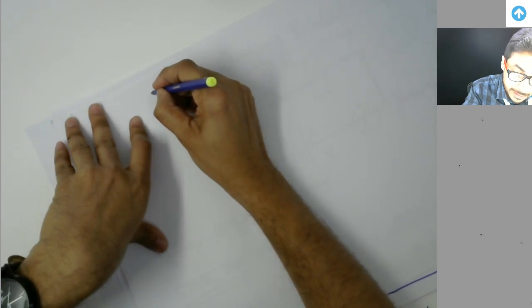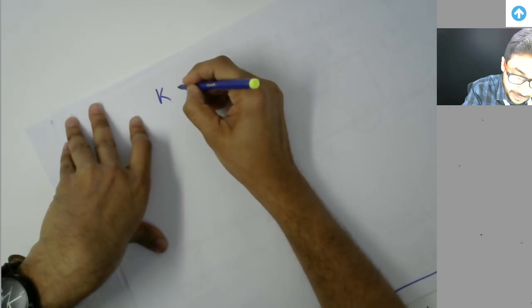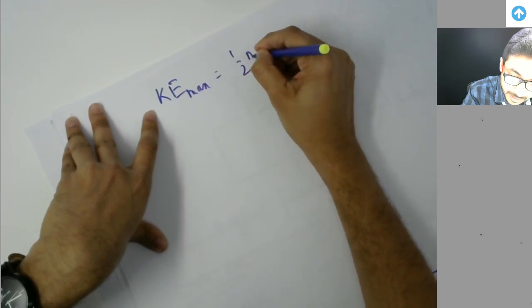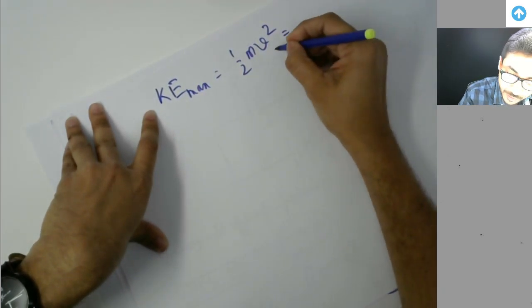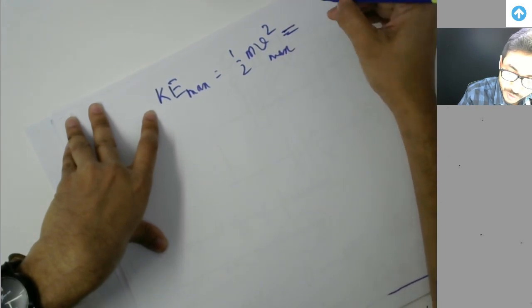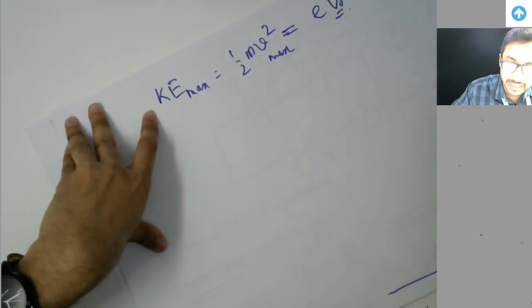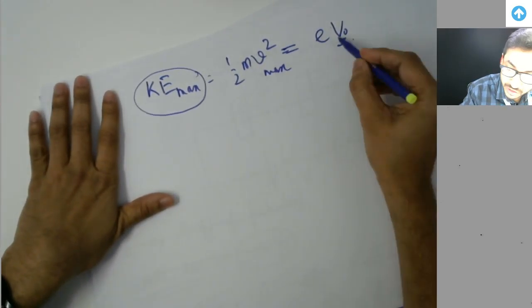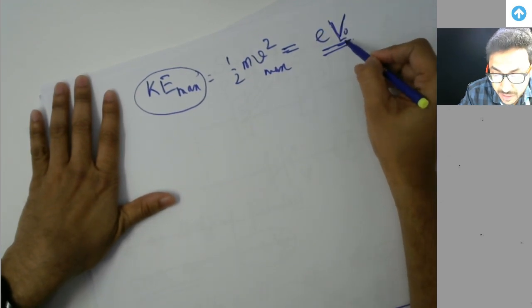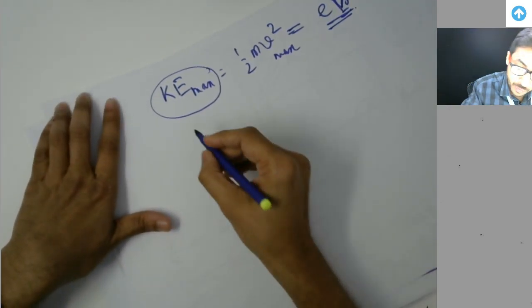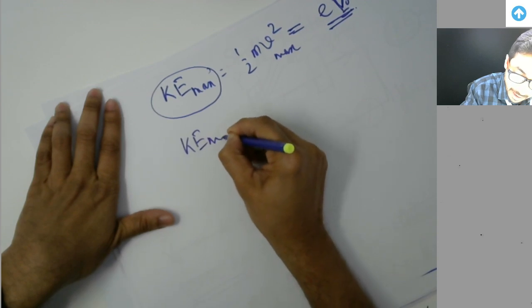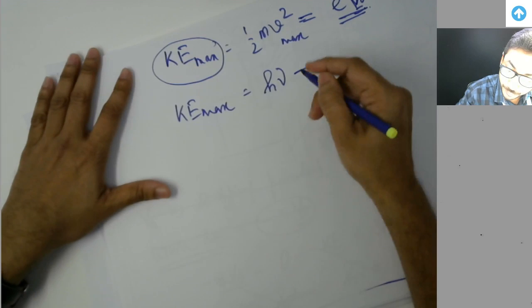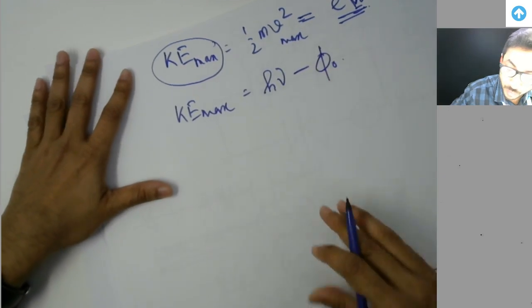Yes, the maximum kinetic energy is nothing but half m v square max, which we are denoting by eV0. So the maximum kinetic energy is related with our stopping potential, and we have seen Ke max equals h nu minus the work function.